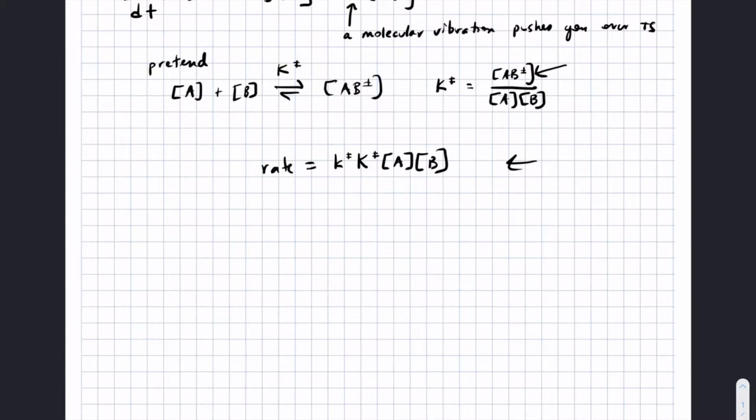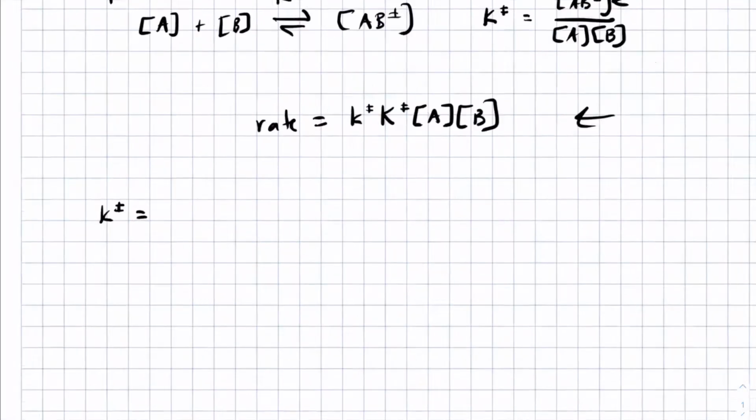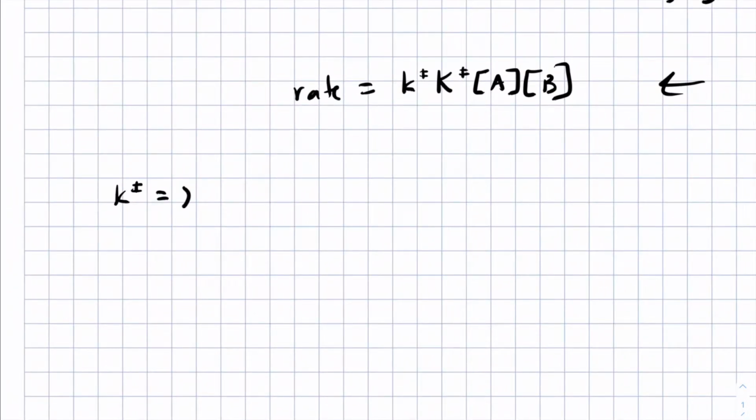little k double dagger, you can relate that to, this is the Greek letter nu, which is the frequency of a molecular vibration. And these are typically on the order of 10 to the minus 13 per second, or 10 to the minus 14 per second, something like that.